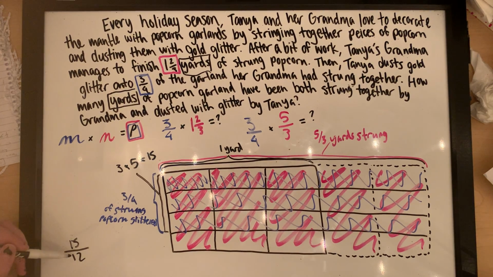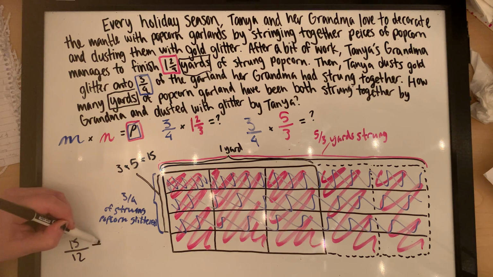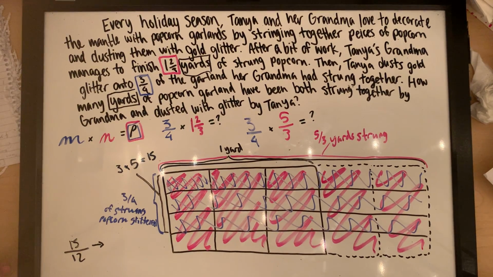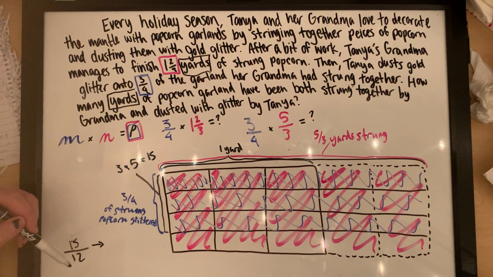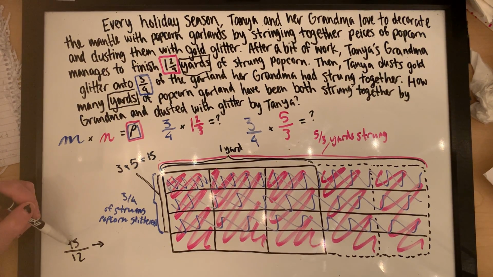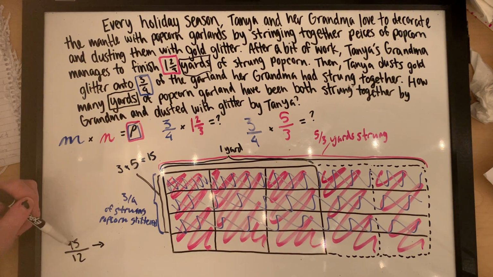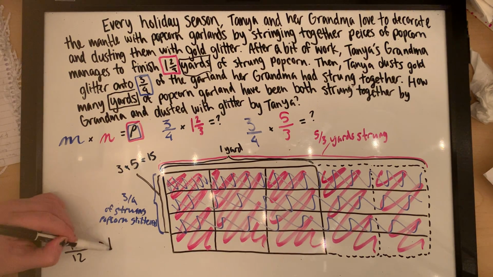So we have 15 12ths, which we can turn into a mixed number by, I won't write this one out, but task analysis, we can divide our numerator by our denominator. So how many times does 12 go into 15, which is 1. And then step 2, we can record our remainder as our numerator.